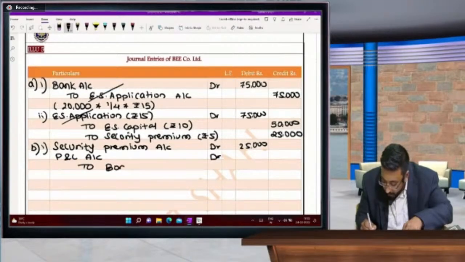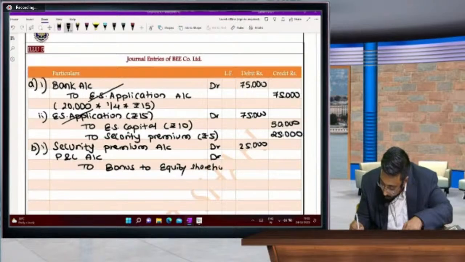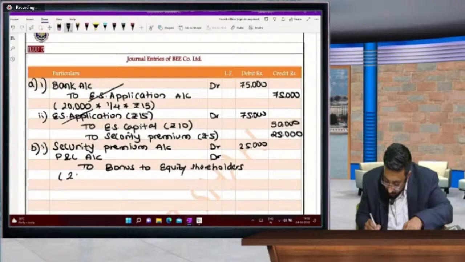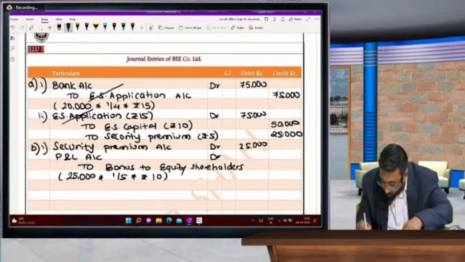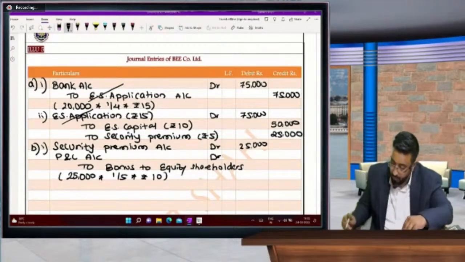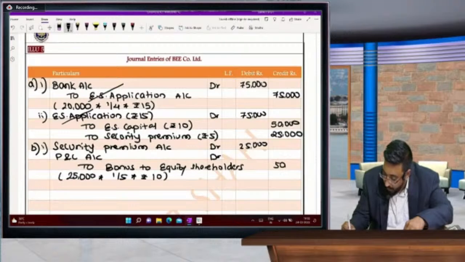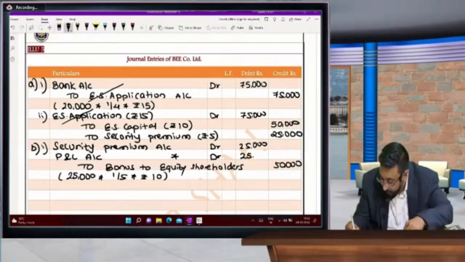To bonus to equity shareholders. See beta, 25,000 shares into 1/5 into rupees 10. So this is the bonus, we have to give 50,000, and the balancing figure is P&L.